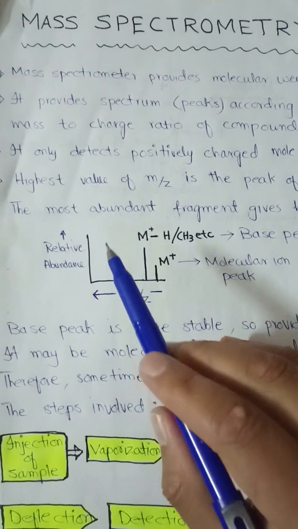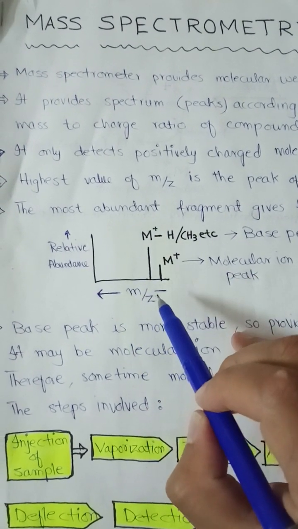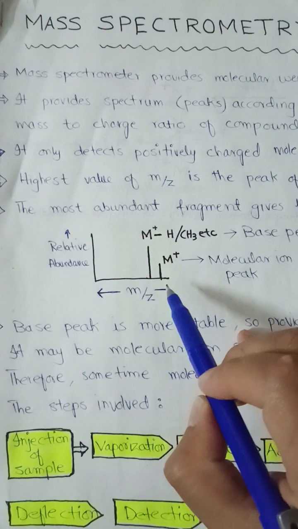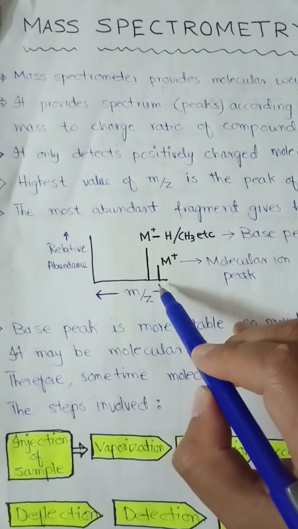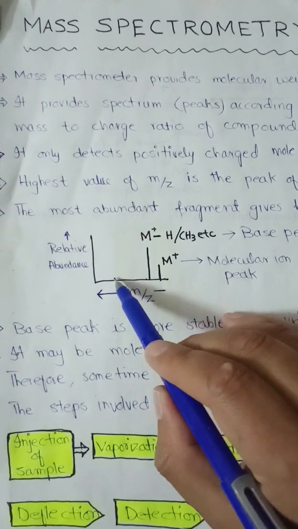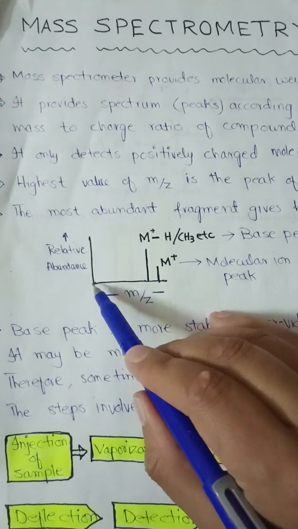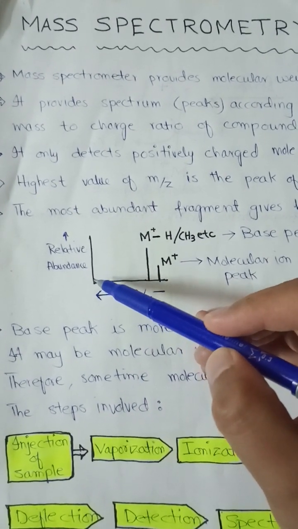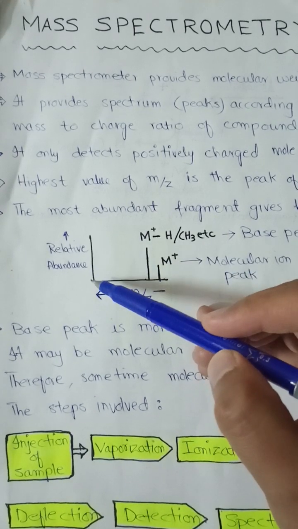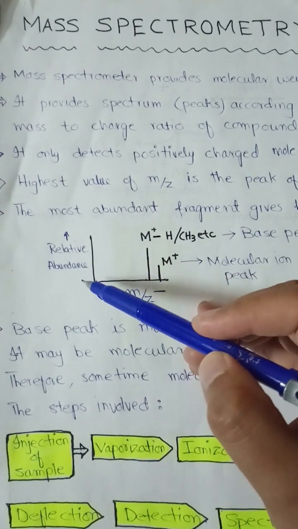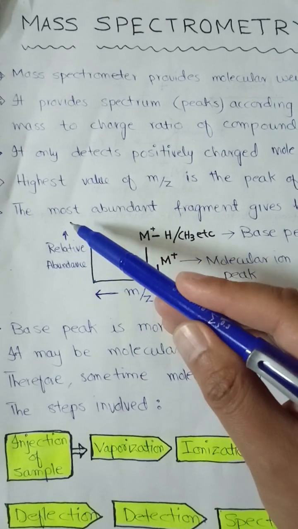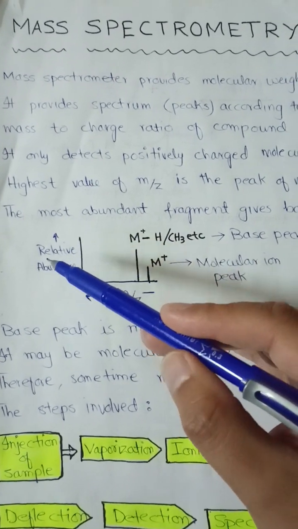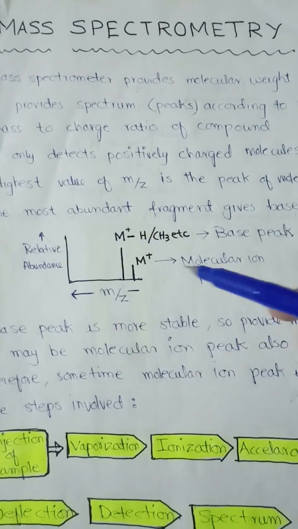So here we are going to show you the spectrum with mass to charge ratio. Mass to charge ratio decreases in this direction, and relative abundance or intensity of the molecular ion or fragment ion peak increases in the y direction, the vertical direction.